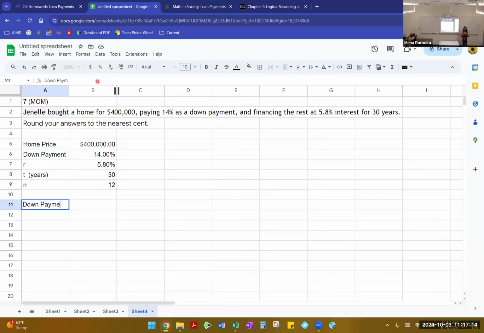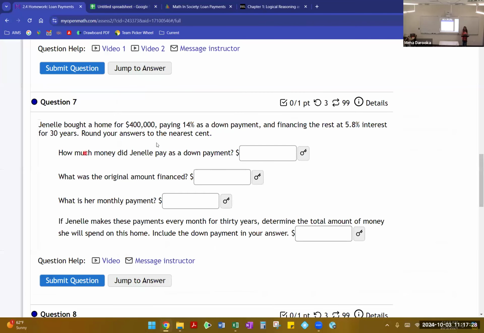Multiply the 400,000 by 14. Perfect. You take the value of the home, multiply it by 14%. Ooh, that's a big chunk, right? $56,000 is what the down payment should be.